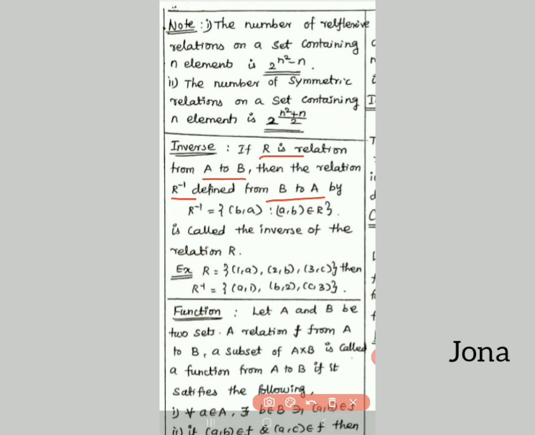For example, if R is {1A, 2B, 3C}, we can say the inverse of R, that means R inverse, is {A1, B2, C3}. Just the reverse order pairs. So this is the inverse function.